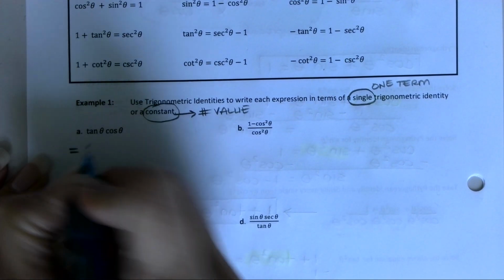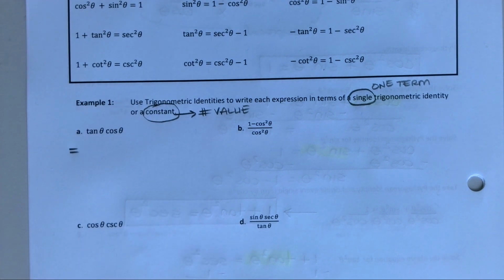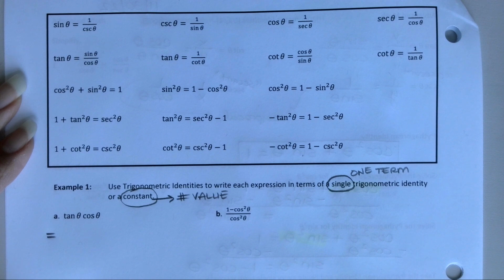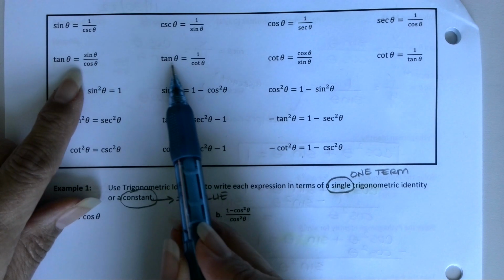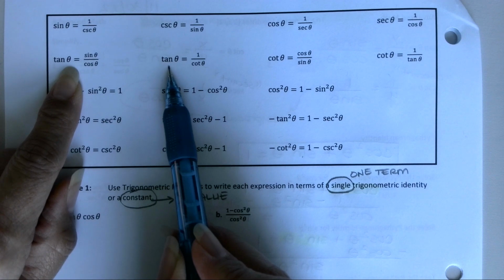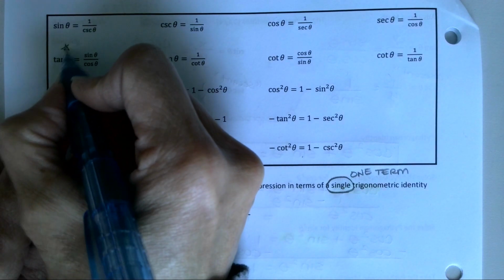Let's do A. This is a tangent, tan theta. Since it's not a sine or a cosine, that means I need to rewrite it. So I'm going to go upstairs and I'm going to go find tangent theta. I'm going to notice that there are two options I get to choose from for tangent theta. Most of the time, it's going to be this one.